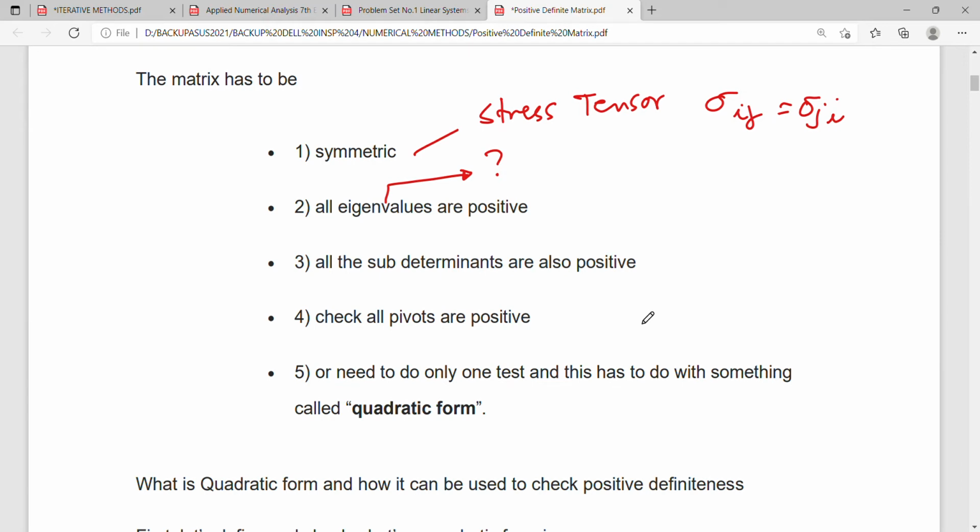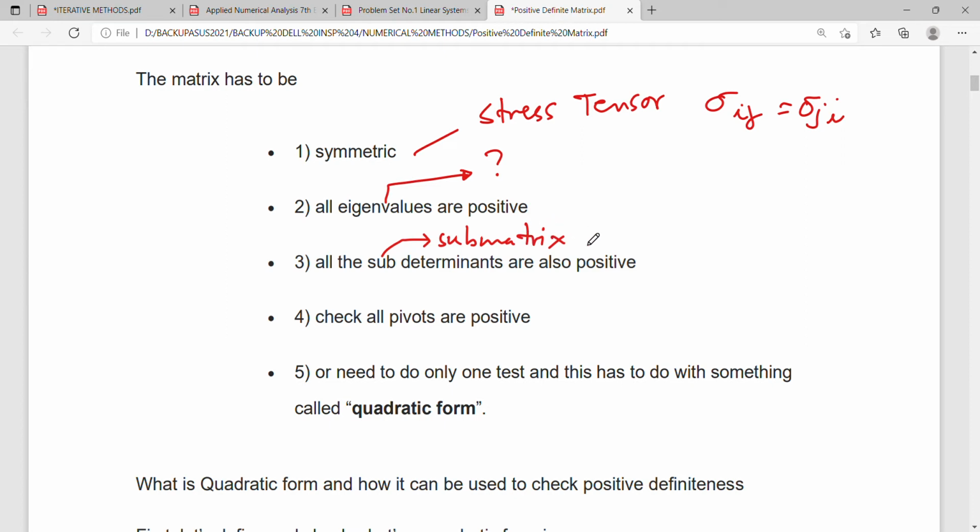On the third note, all subdeterminants are also positive. When you say subdeterminants, we are looking into the submatrices which are leading minors.